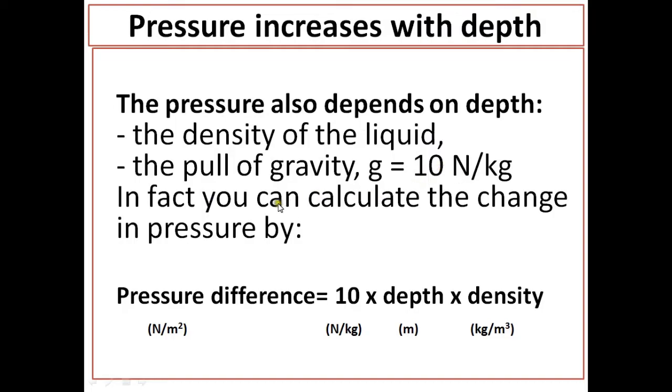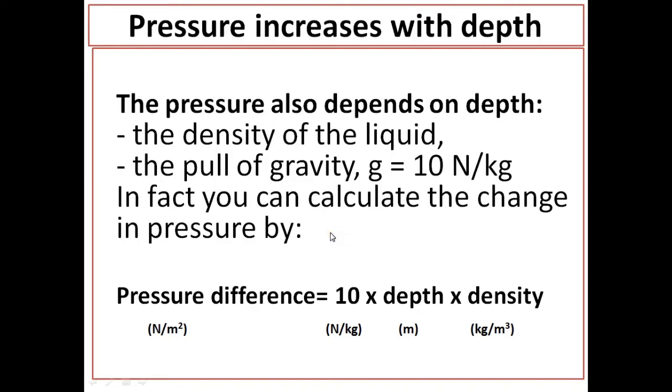You can calculate the change in pressure using this formula. This pressure difference we measure in Newton per meter square, where 10 is the pull of gravity in Newton per kilogram, depth is in meters, and density is in kilogram per meter cube. With all this we can find the pressure difference.